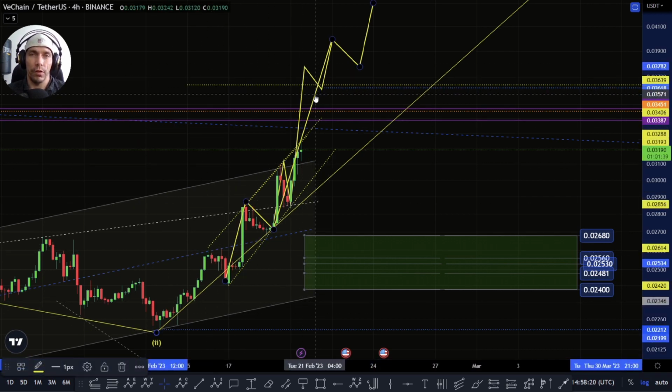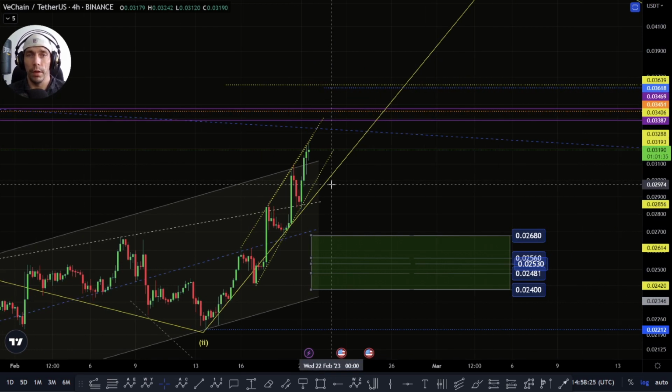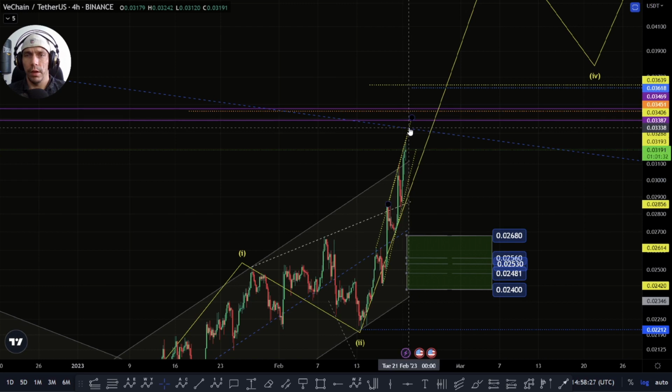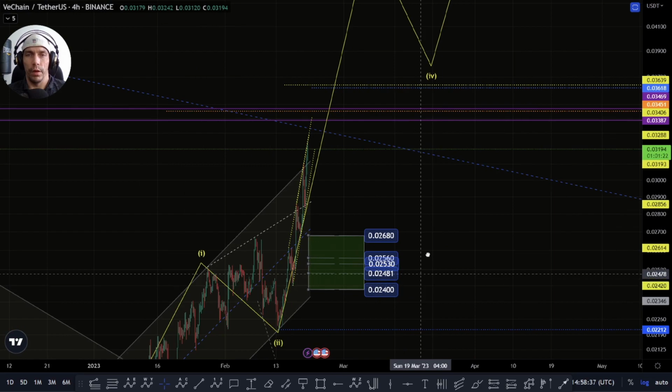But we don't have that structure at the moment, and we can just count it as a diagonal, so we need to be a little bit careful here. The channel line that I've got drawn here is currently sitting at this 3332 zone, so that will also be quite an interesting area if we do move up into this zone here.